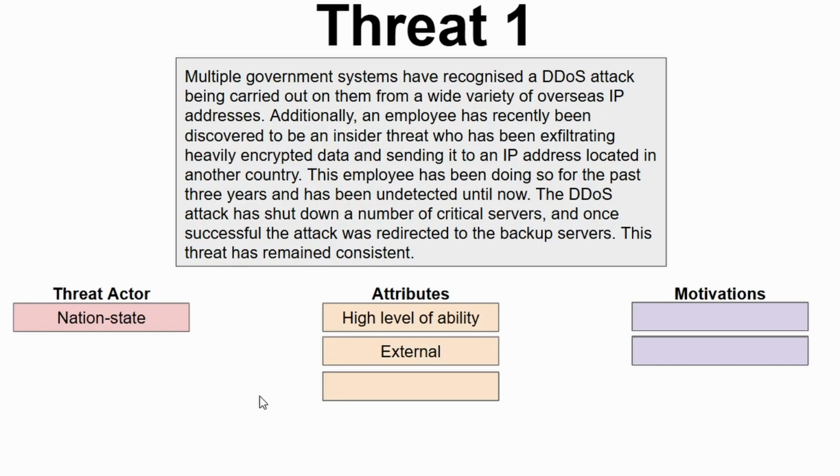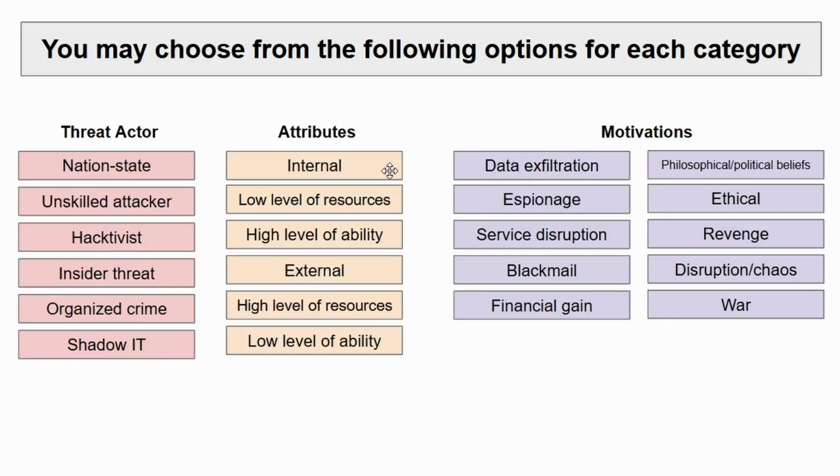Now, this one is probably a little confusing, and I can see how it could be, because you may be thinking, how is this an external threat if it has been an insider threat? Here's the thing with attributes. Generally, we have 3 slots here to choose from, and the attributes we have to choose from are: is it internal or external? Is it a low level of resources or a high level of resources? Or is it a high level of ability or a low level of ability? So we essentially have to choose between internal or external in this case.